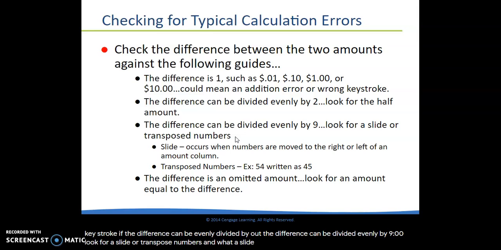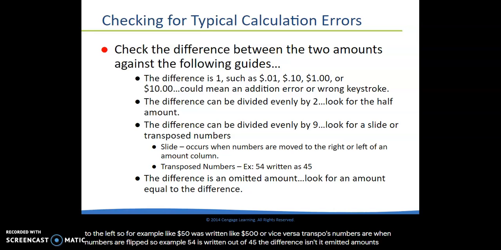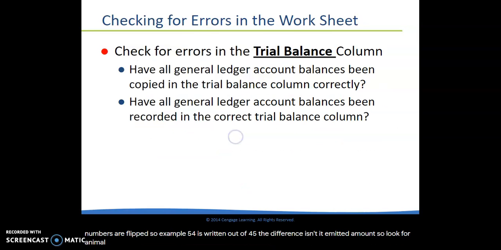And a slide is when you move your numbers to the right or to the left. So for example, $50 was written like $500, or vice versa. Transposed numbers are when numbers are flipped. So for example, 54 is written as 45. If the difference is an omitted amount, look for an amount equal to the difference.